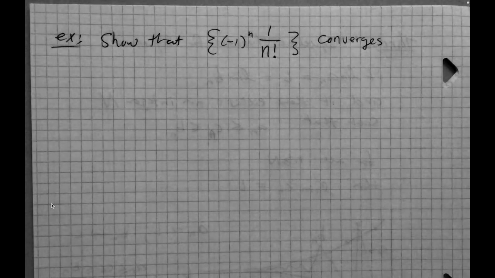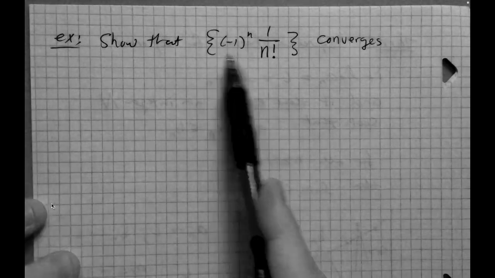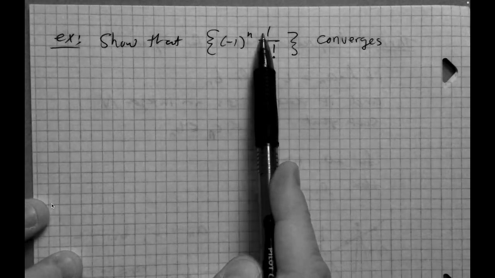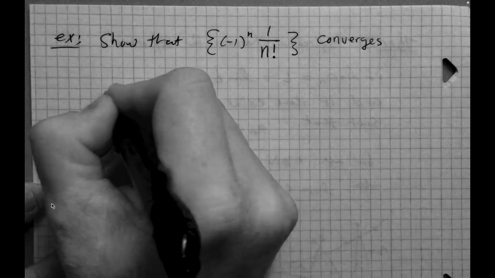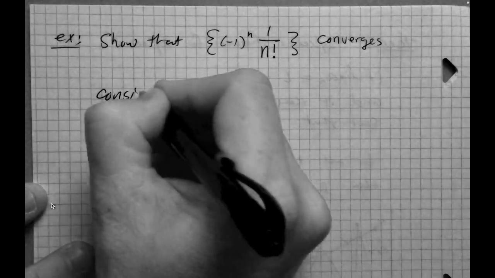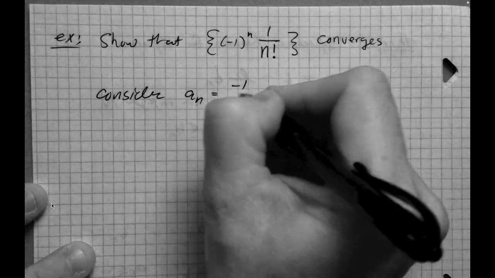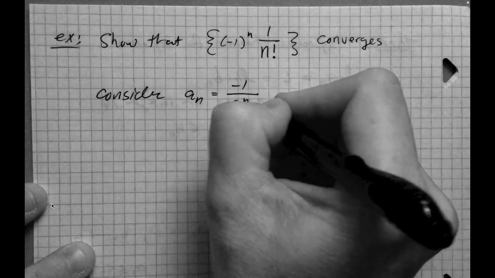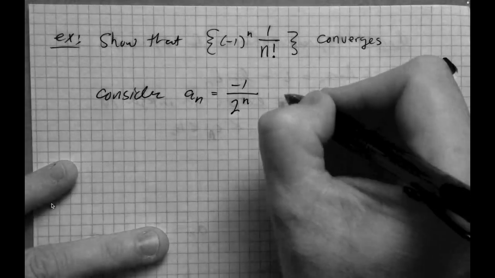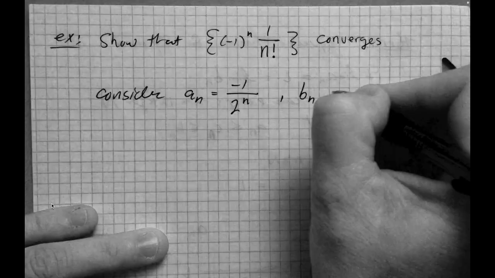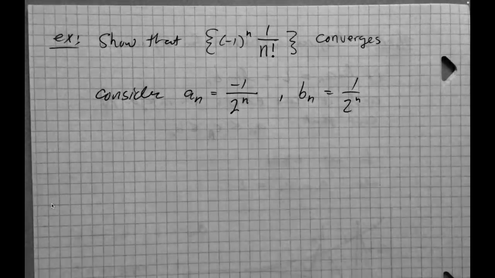This is an example of a sequence that's not very great to look at. So let's consider two other sequences. Let's consider a of n, which we'll denote as negative 1 over 2 to the nth power, and let's consider b of n, the sequence 1 over 2 to the nth power.